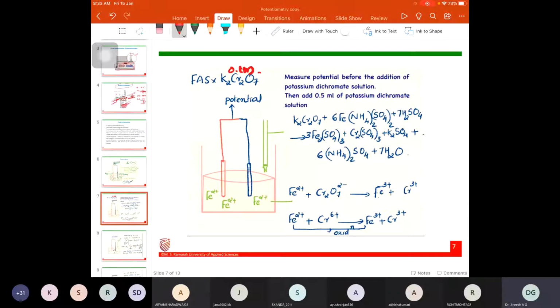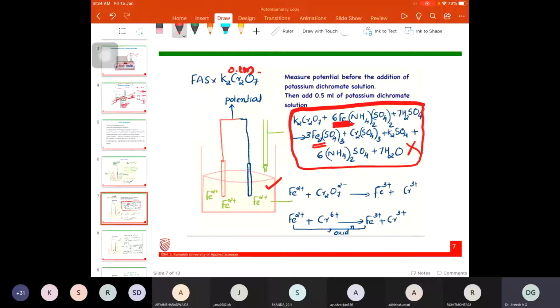We are going to add it into the ferrous ammonium sulfate solution, and there will be a redox reaction where ferrous will be converted into ferric. Ferrous will be converted into ferric. And the entire equation for this reaction is this one. I don't want you to learn it by heart. Not required.